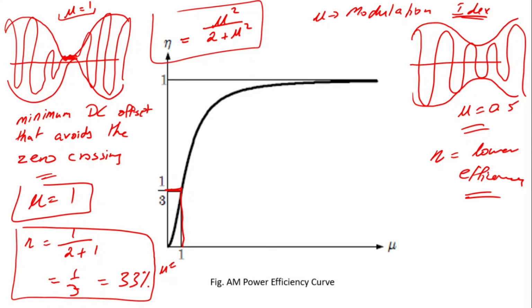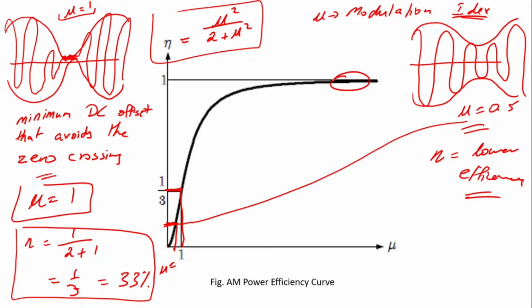That is, 1 by third of the total power is consumed in the sideband. Now if you follow this curve, this case would be somewhere over here. This is 0.5. So we would be having even less efficient systems at lower modulation indexes.